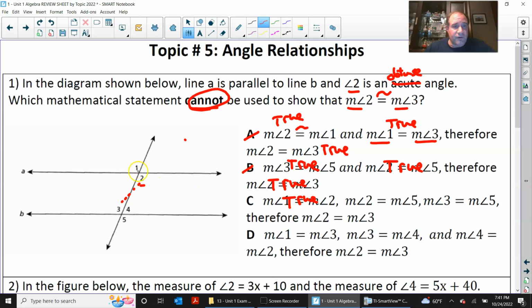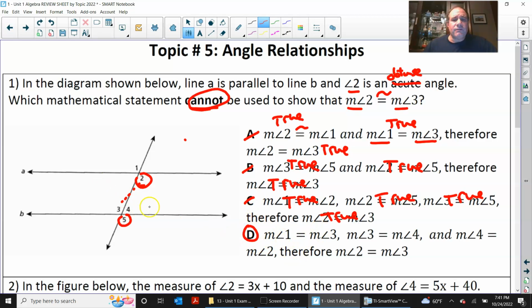That is true. Vertical angles are right across from each other. Measure of angle 2 and the measure of angle 5, they're corresponding angles in the same location. Those are equal to each other. Yes, that's true. Measure of angle 3 and the measure of angle 5, they're vertical angles. That's true. And therefore, measure of angle 2 is equal to the measure of angle 3. D has to be the answer.